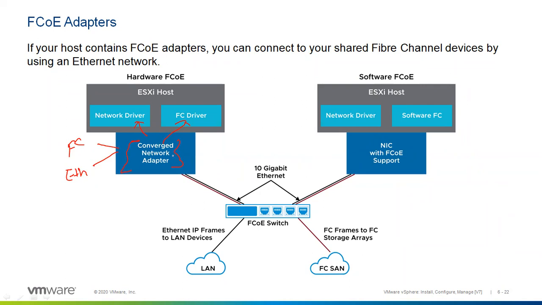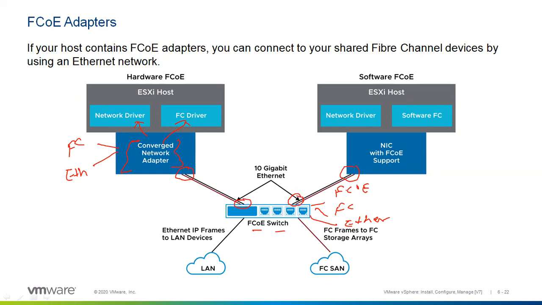In that case, my traffic will go to the FCoE switch. This switch will have different flavors of ports: FCoE port, FC port, and Ethernet port. It will receive the traffic on the FCoE port only.